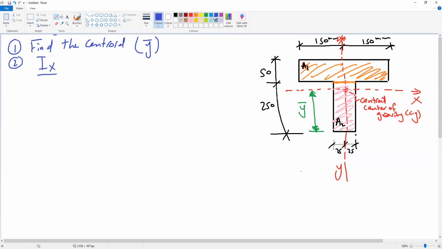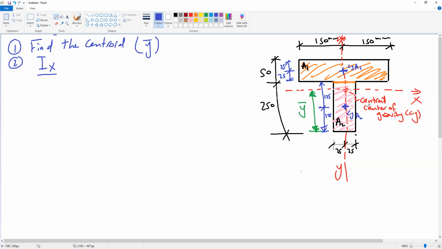The centroid of area 1 will be in the middle of the 50, so it will be 25, 25. This is the centroid for A1. The centroid of the pink area will be in the middle of the 250, so it will be 125 and 125. This is the centroid for A2.